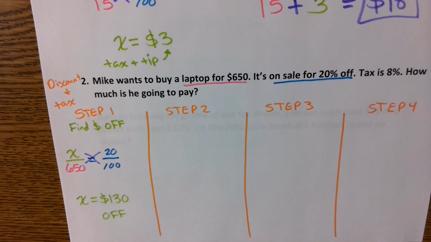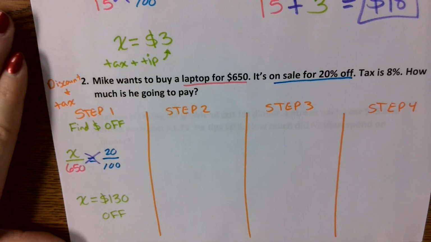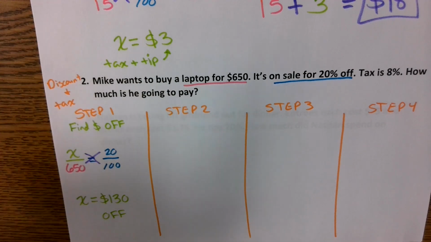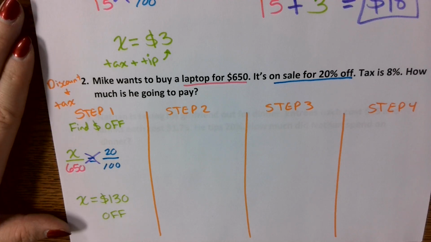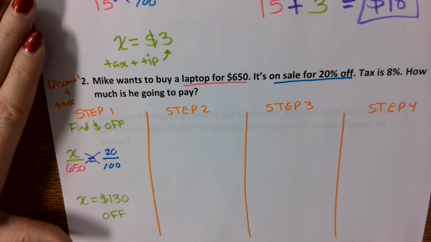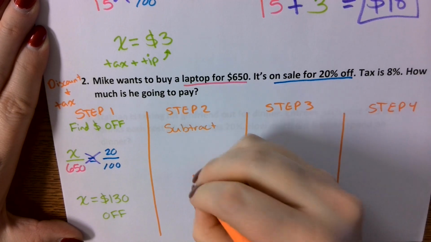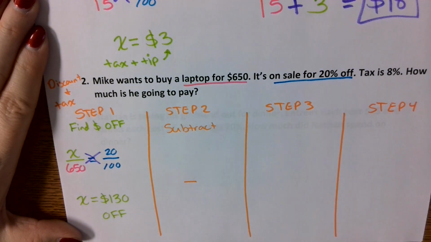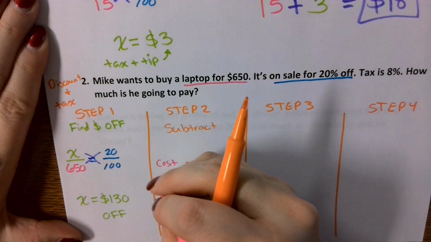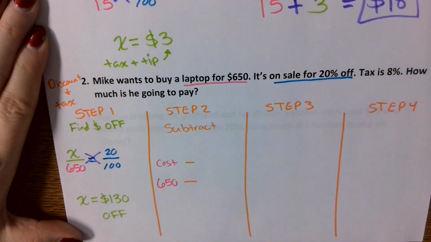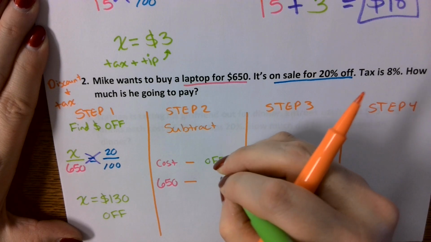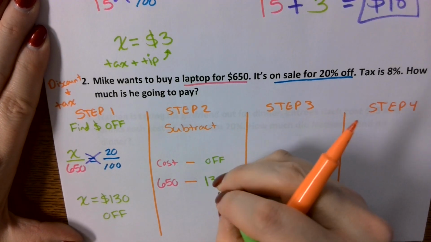So if it's $130 off, what do you think step 2 is going to be? Subtract, right? We're going to subtract. What are we subtracting? Very good, Chris. $650 minus the $130. So step 2, we're going to subtract the cost, which was the $650, and we're going to take off the amount that we said we're taking off, which is $130 off.